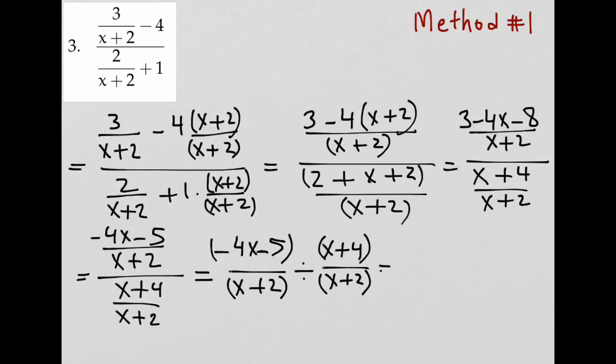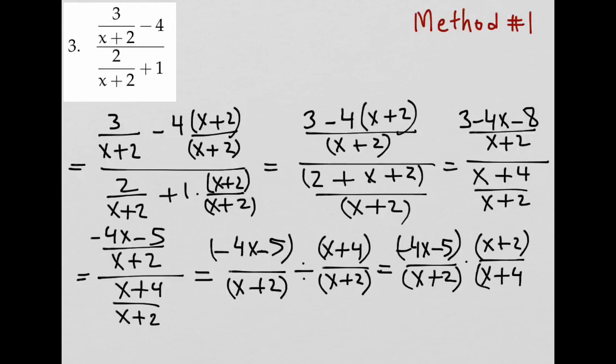That's equivalent to minus 4x minus 5 over x plus 2 times the reciprocal of x plus 4 over x plus 2, which is x plus 2 over x plus 4. We simplify x plus 2 to get minus 4x minus 5 divided by x plus 4.